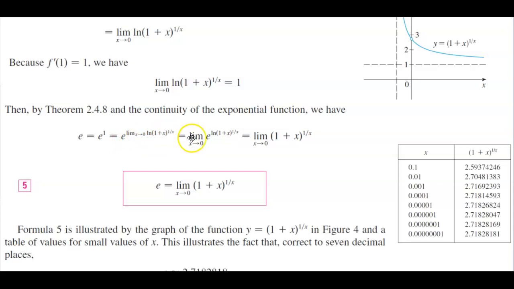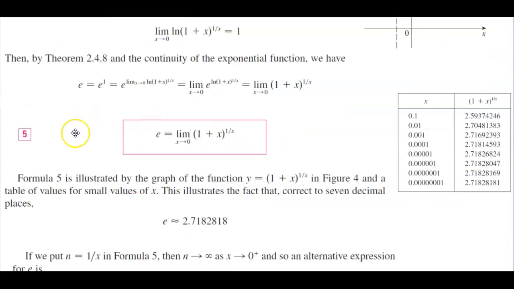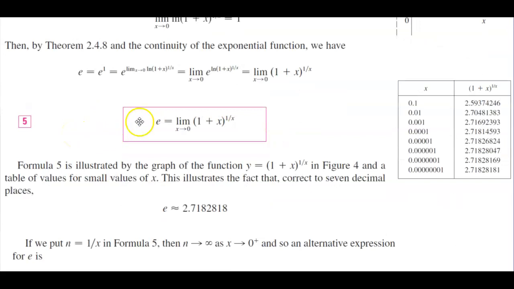So we can say the limit as x approaches 0 of e to the natural log of 1 plus x to the 1 over x is equal to the limit as x approaches 0 of 1 plus x to the power of 1 over x. So for definition number 5, we see that e is equal to the limit as x approaches 0 of 1 plus x to the power of 1 over x.